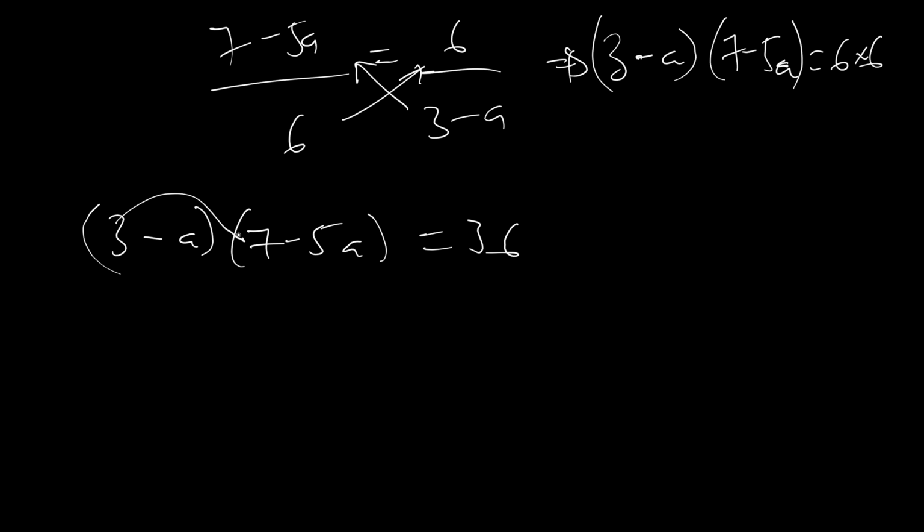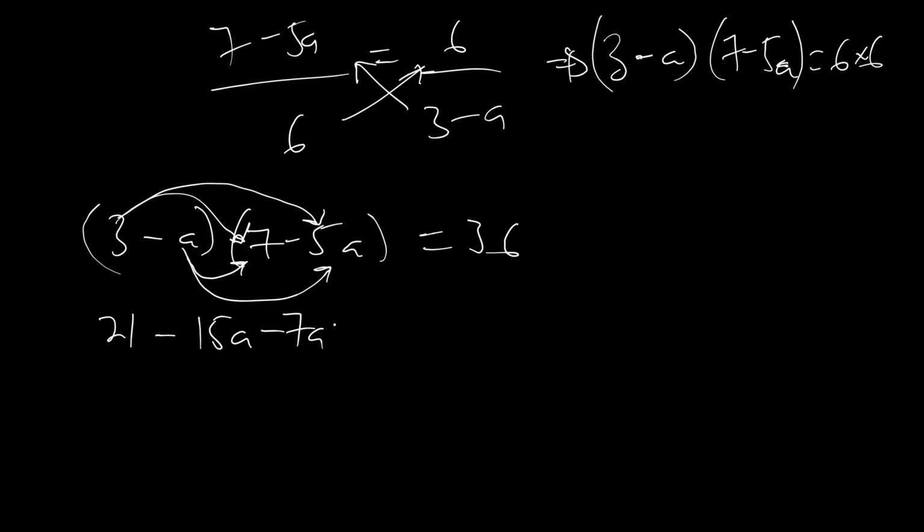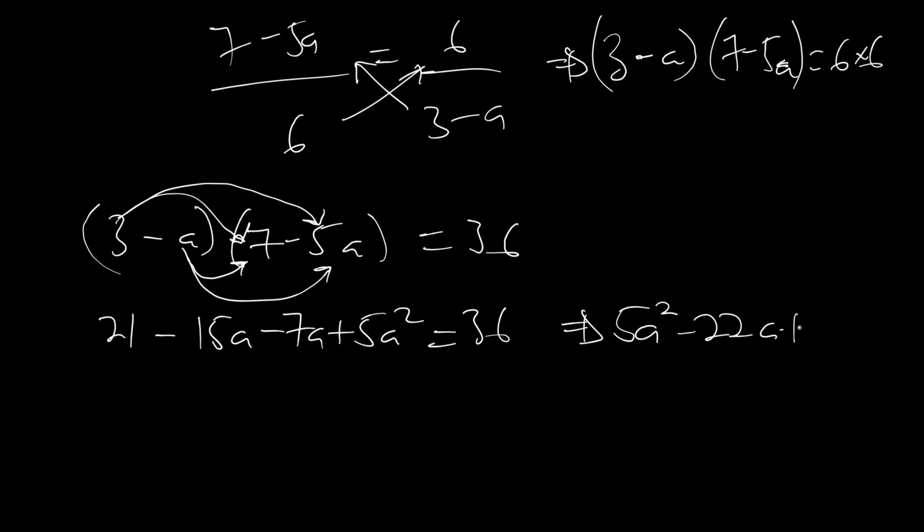So 3 multiplies 7, we have 21. Then 3 multiplies negative 5a, we have negative 15a. Negative a multiplies 7, we have negative 7a. And negative a multiplies negative 5a, we have positive 5a squared. So this will be 5a squared minus 22a plus 21 is equal to 36.